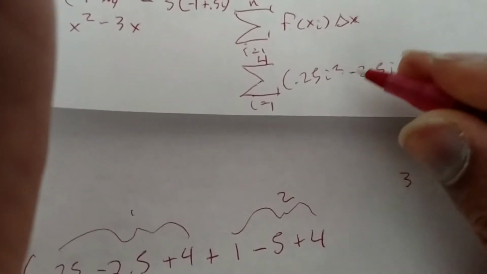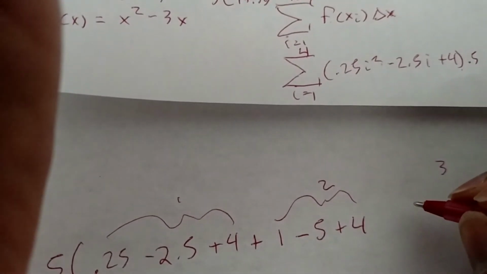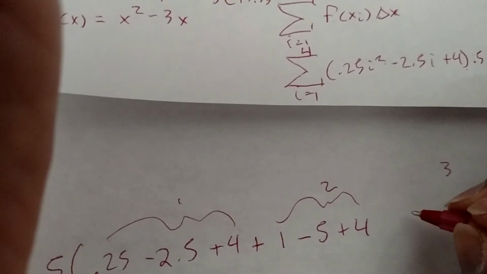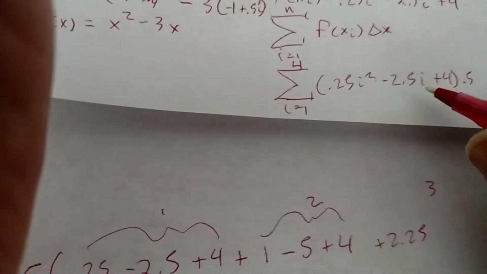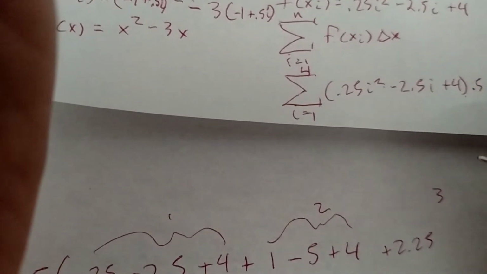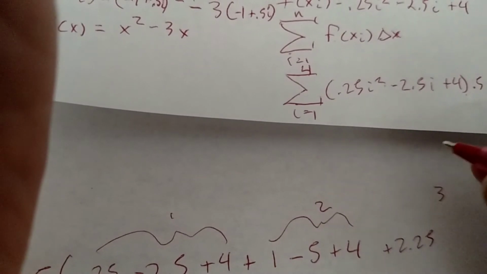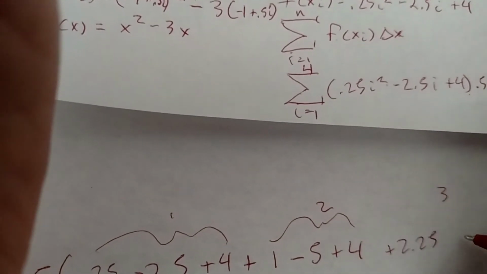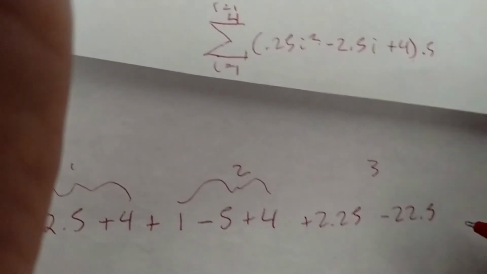All right, so 3 squared, 9 times 0.25 is 2.25. So that's 2.25. 9 times 2.5 is negative 22.5, yes, negative 22.5, and then we've got our 4.